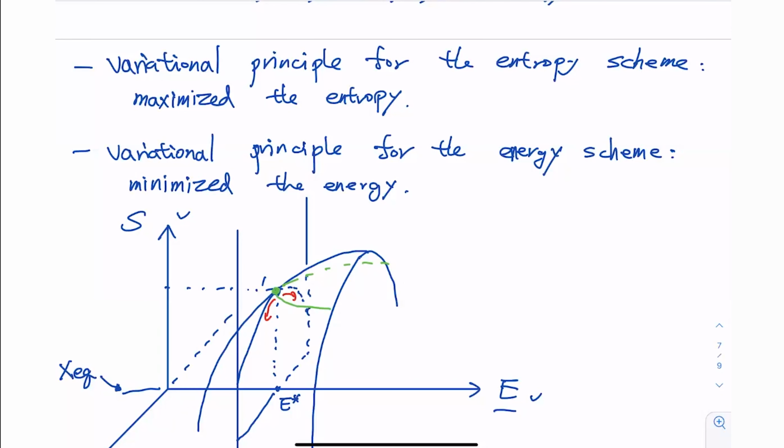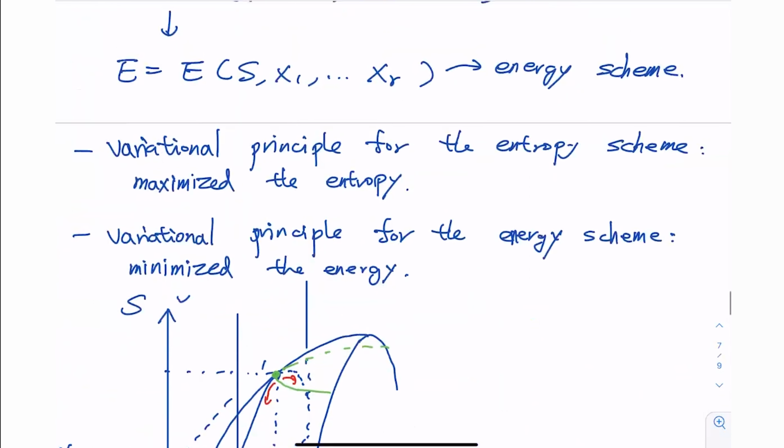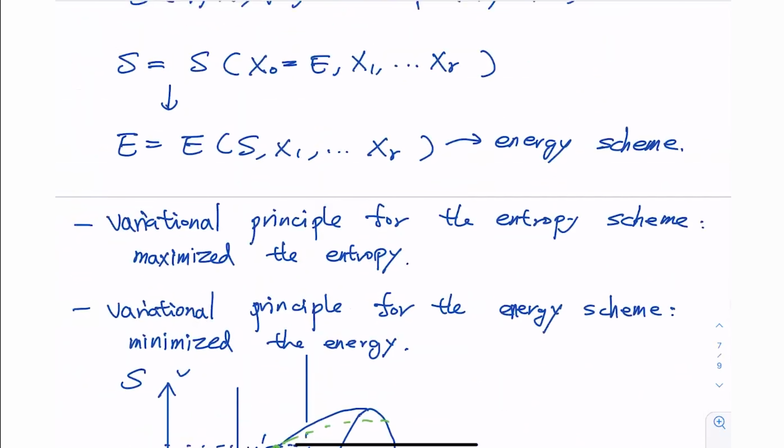But here I'm trying to take the approach that we try to be as general as possible and only limit the behavior of this entropy function by asking that it needs to be concave. Okay, so that's the approach we are taking.